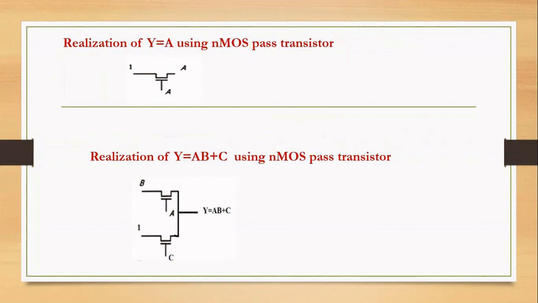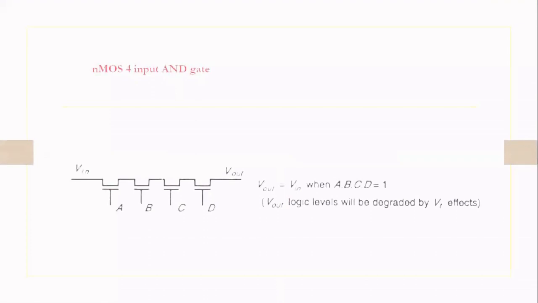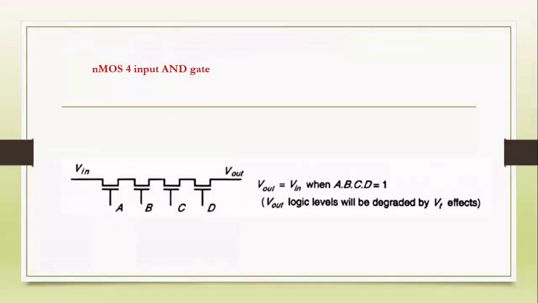In order to get C, we'll use one pass transistor, so that we'll get 1 dot C as C. When you take the sum, we'll get AB plus C. In order to obtain the sum term, NMOS pass transistors should be connected in parallel.